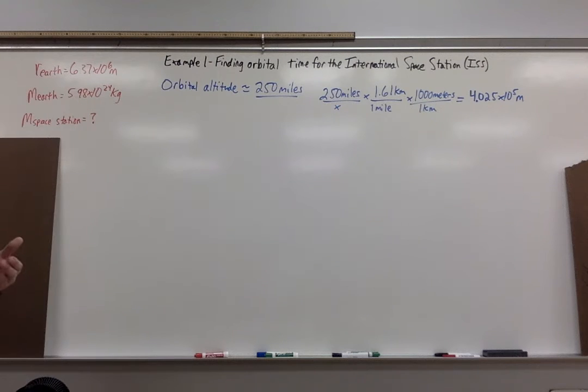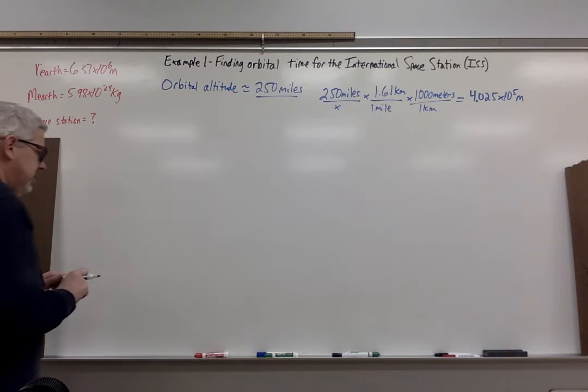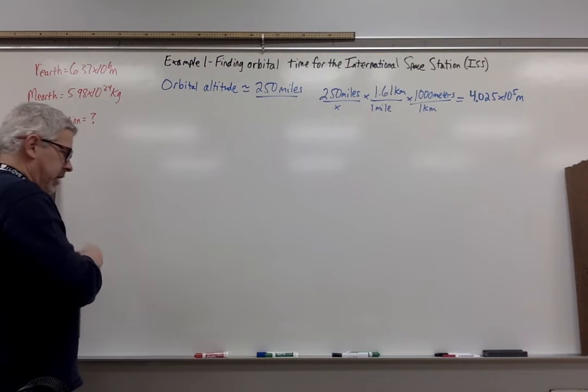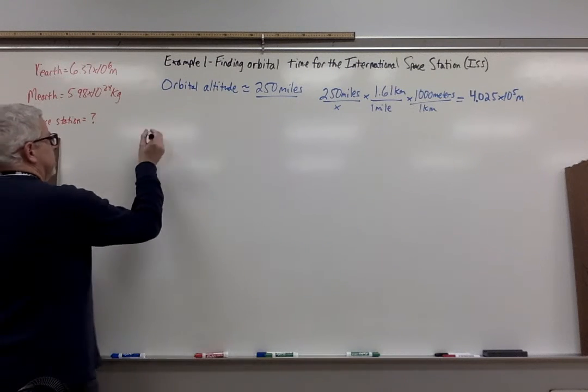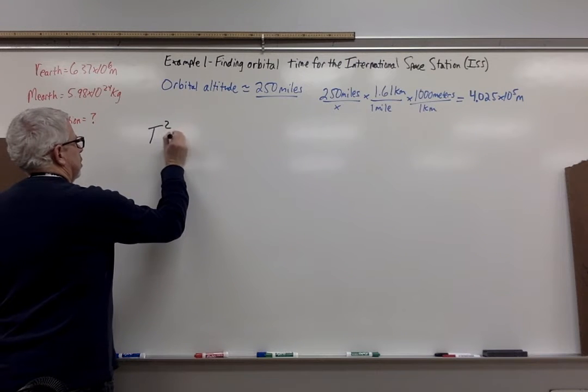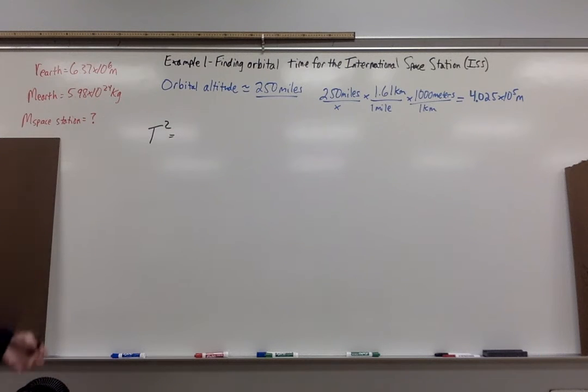All right, so I could do this just with Kepler's third law, which I derived. And if I don't remember that, I might have to derive it again. I did derive it earlier in the video. To refresh your memory, I end up getting that T squared is proportional to the radius cubed.